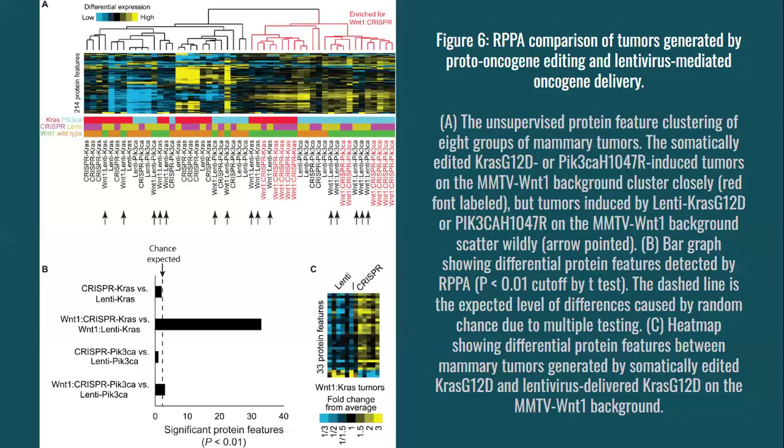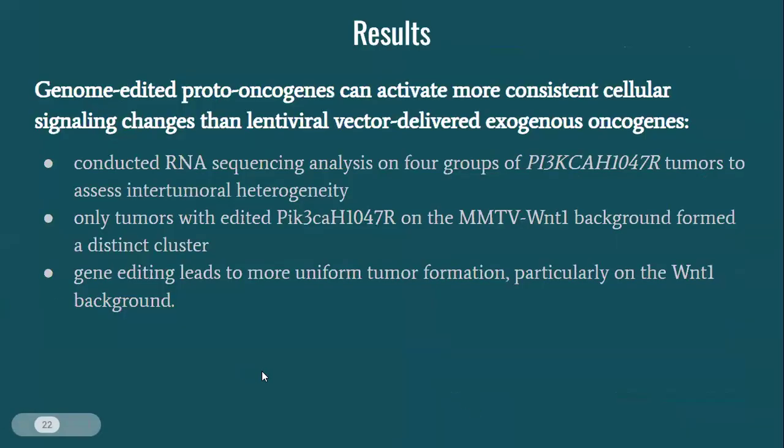So here also you can see the comparison of tumors generated by proto-oncogene editing and lentivirus-mediated delivery, which again showed that the proto-oncogene editing method was much better than the lentivirus-mediated oncogene delivery. So the genome-edited proto-oncogene can activate more consistent cellular signaling changes than lentivirus vector-delivered exogenous oncogenes.